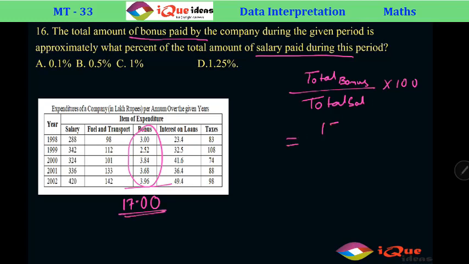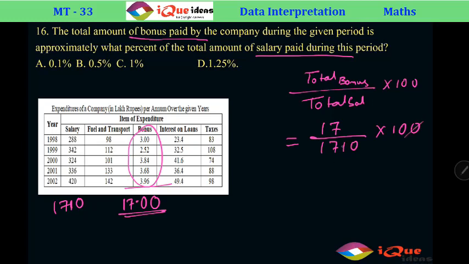So total bonus is 17 hundred, divide by total salary, add here. 8 plus 2, 10 plus 4, 14 plus 6, 20, so 0. 2 and 8, 10 plus 4, 14 and 2, 16 and 3, 19 and 2, 21. And then 2 and 2, 4, 3, 7 and 3, 10 and 3, 13 and 4, 17. So it is 17,10. So 17 upon 1710 into 100.